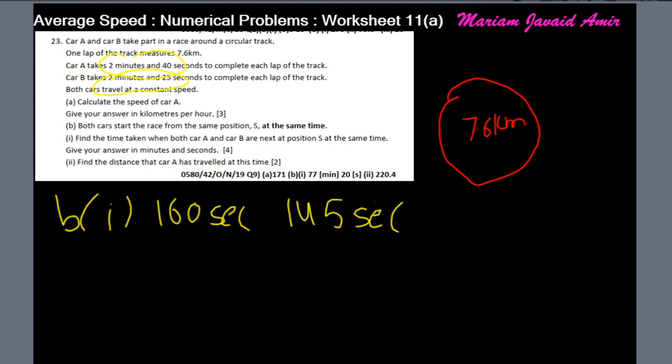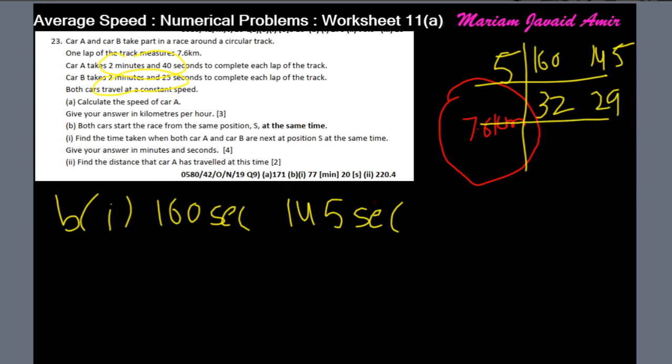We need the LCM of 160 and 145. Let's do it over here. Let's start dividing with 5. 160 divided by 5 is 32, and 145 divided by 5 is 29.